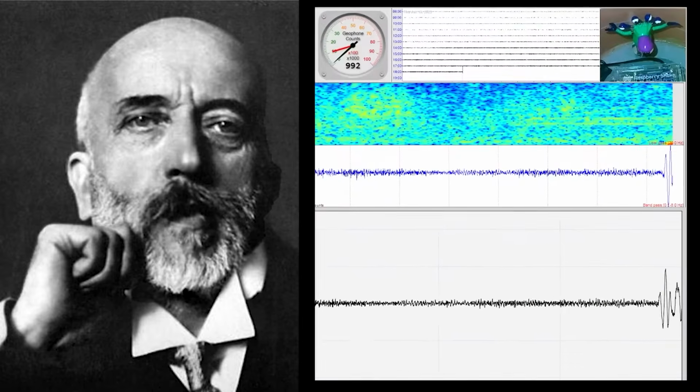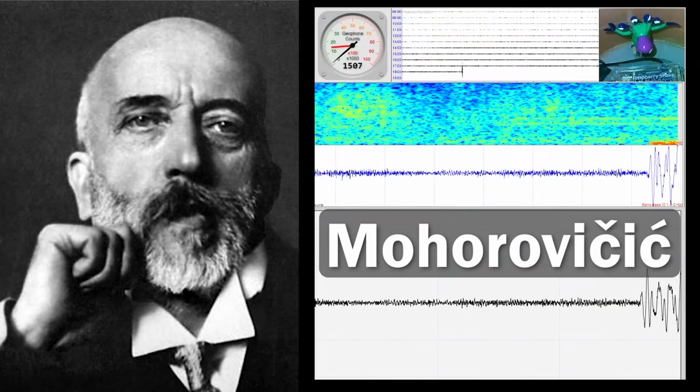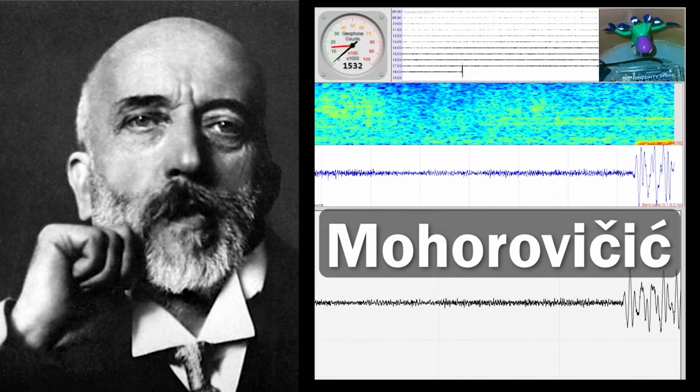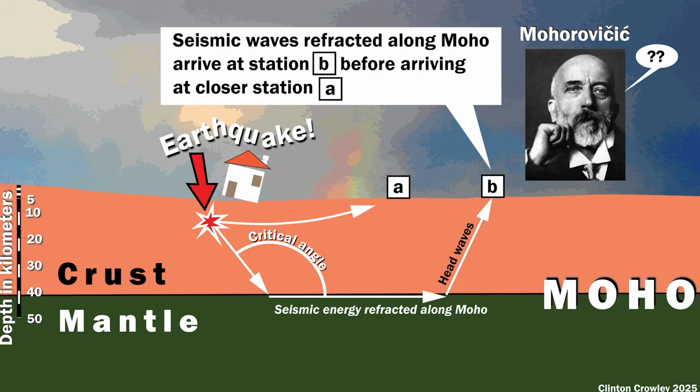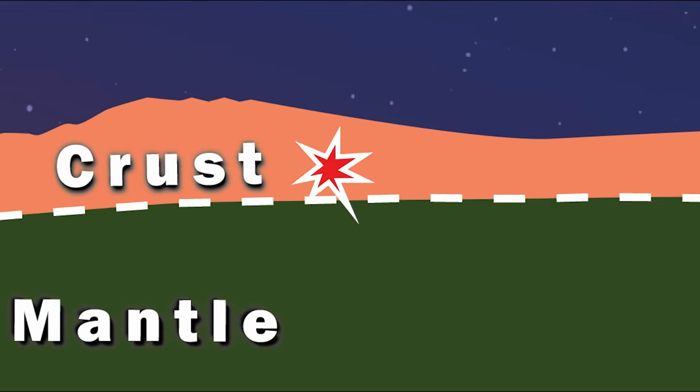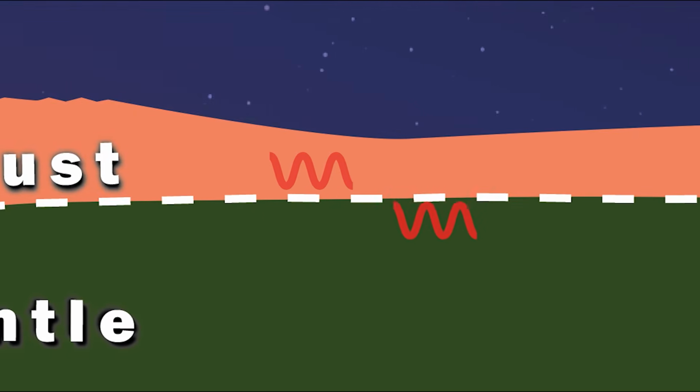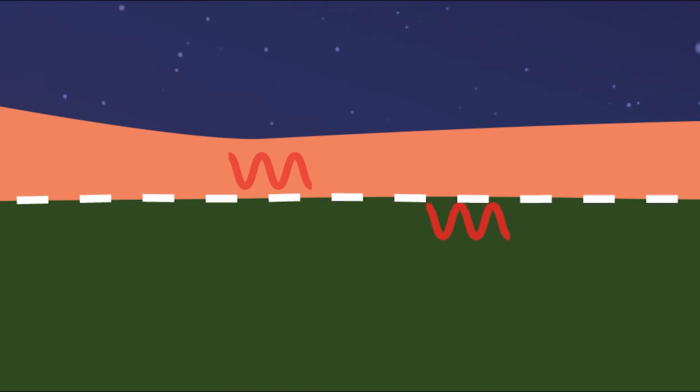In 1909, a scientist named Moho analyzed seismic waves from an earthquake in Croatia. He discovered the crust-mantle boundary when seismic waves from an earthquake arrived at distant seismic stations before they arrived at stations that were closer to the earthquake. Seismic waves travel faster in the mantle than do seismic waves in the crust.